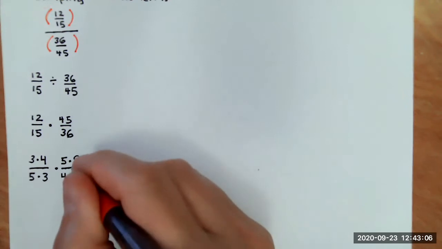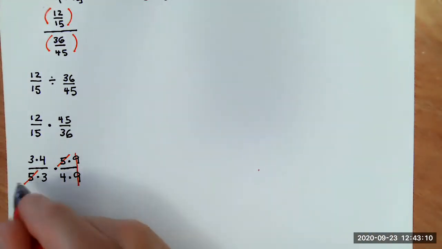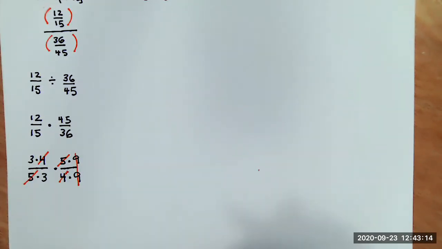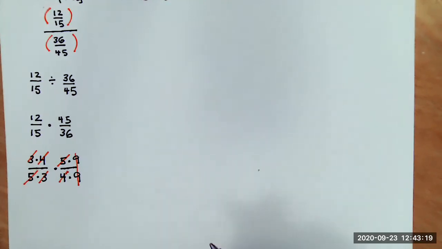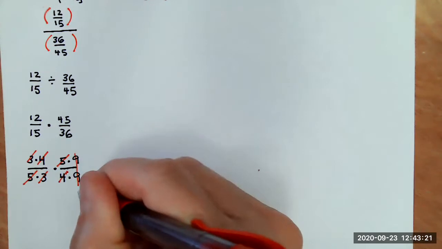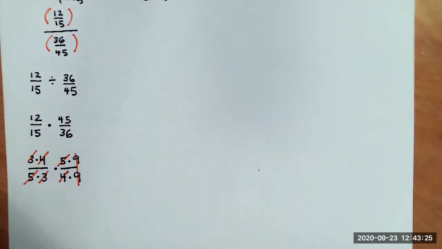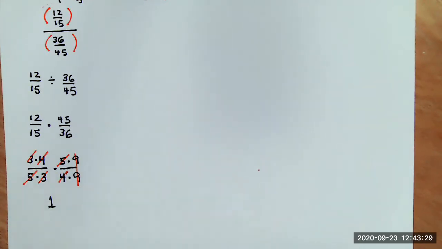And 9 over 9 is equal to 1. 5 over 5 is equal to 1. 4 over 4 is equal to 1. 3 over 3 is equal to 1. So we have 1 times 1 times 1 times 1, which is equal to 1.